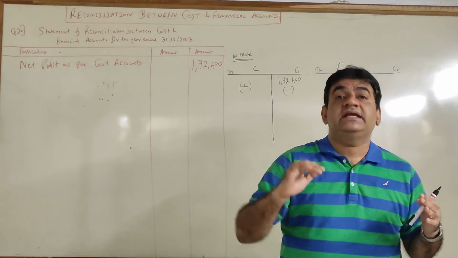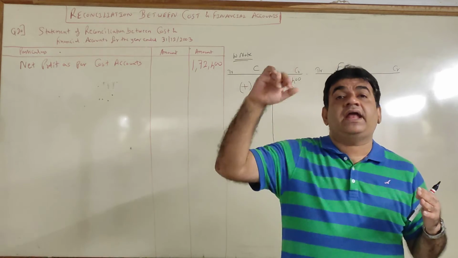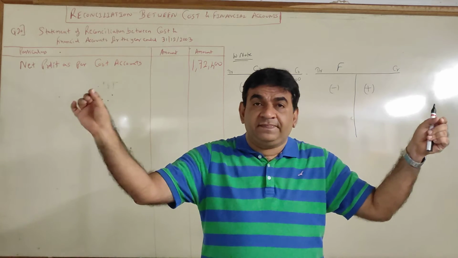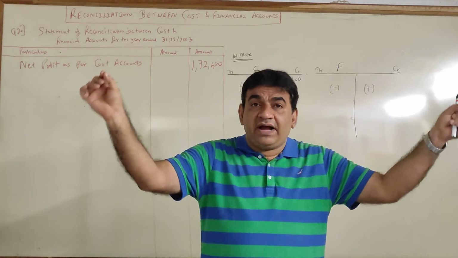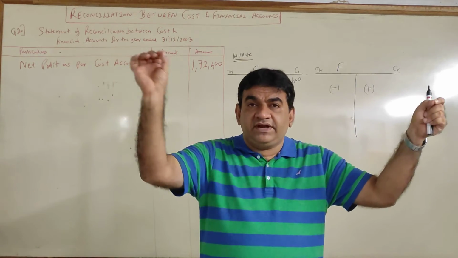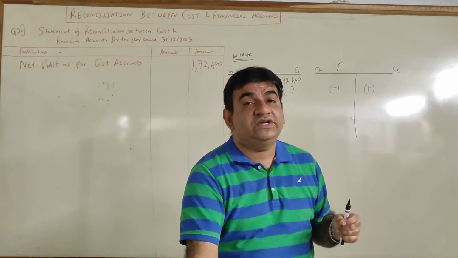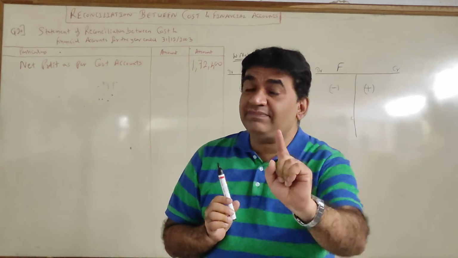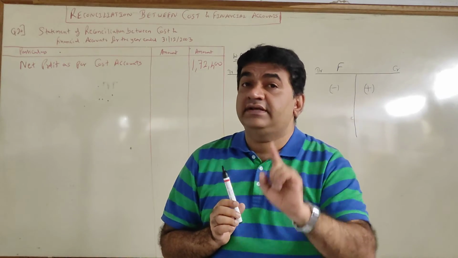Under recovered means it is less in cost and more in finance. I don't know the original figure, but I know the difference between finance and cost is 3120.